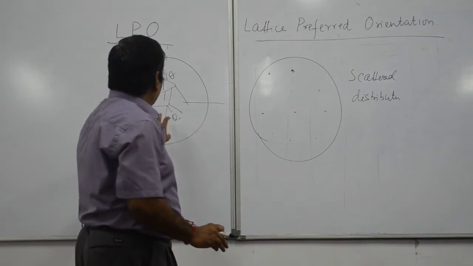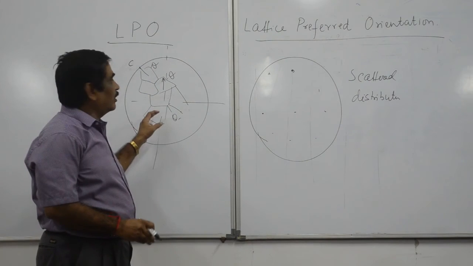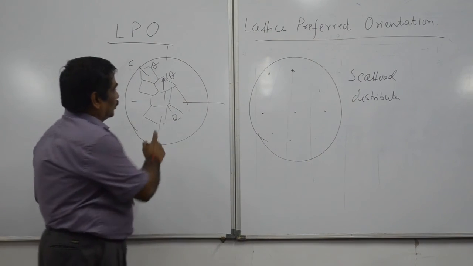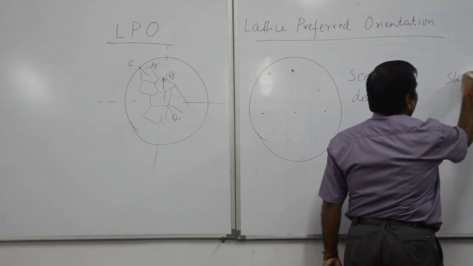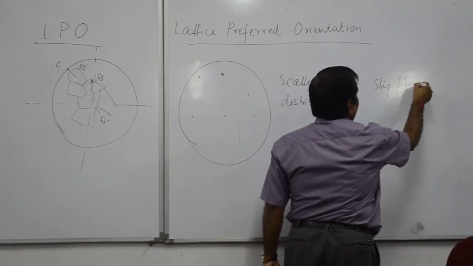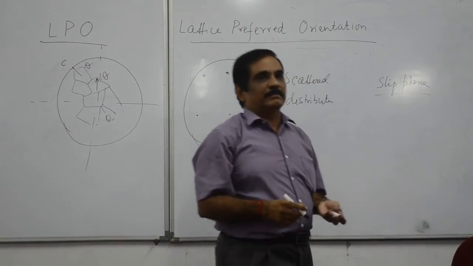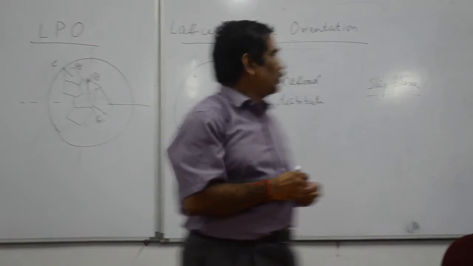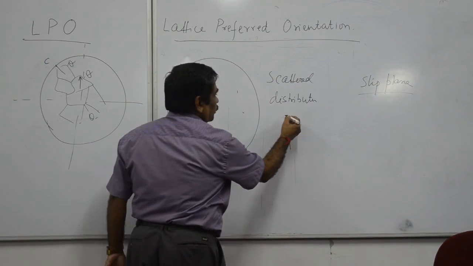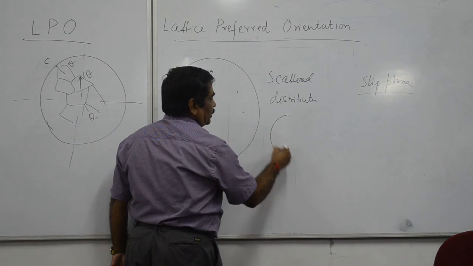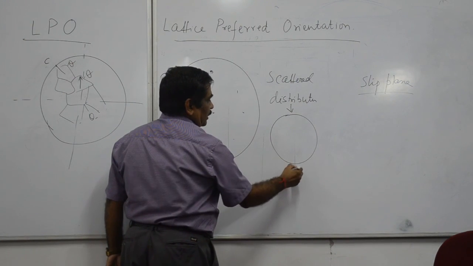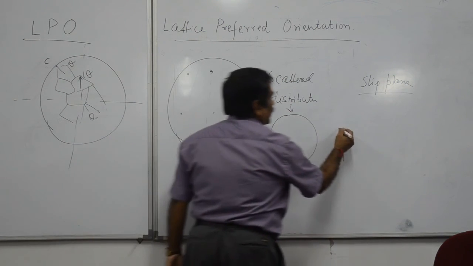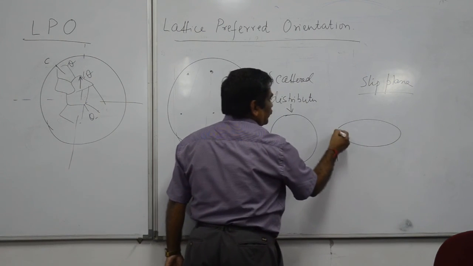But now if you deform this rock, during deformation the slip planes are the major features which rotate. As I told you, in pure shear, suppose you have a circle and you press it, then this will become an ellipse.